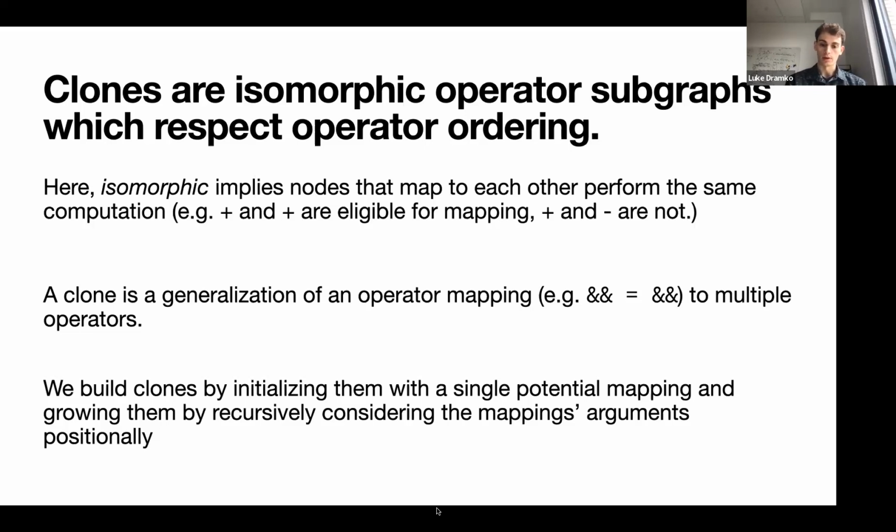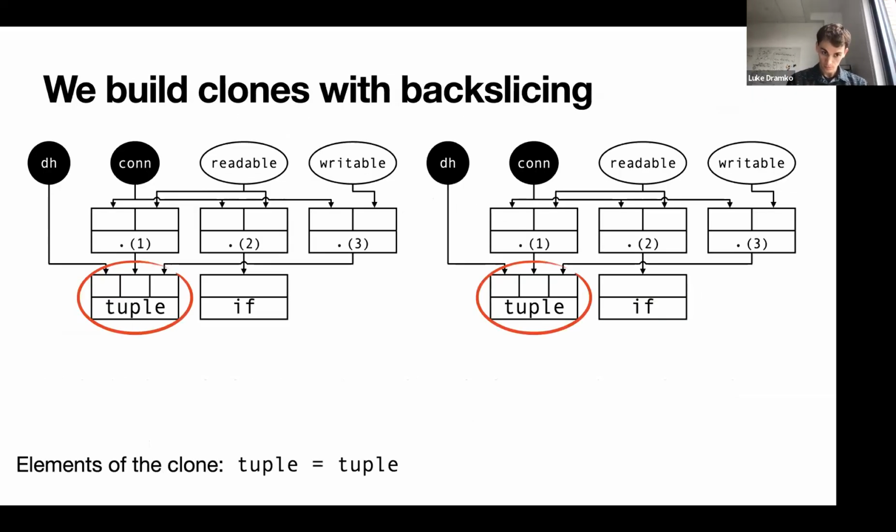We initialize them with a single potential mapping, and then grow them recursively by considering those mappings' arguments positionally. So let's take a look at what that looks like. For example, we will start out with this tuple initialization operator. Of course, tuple initialization is the same operation as tuple initialization, so we can start out with this pair.